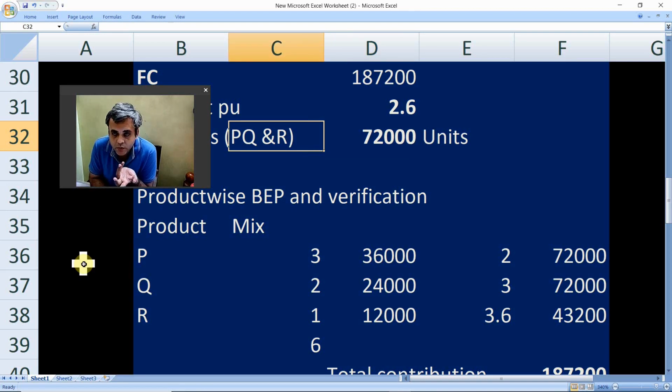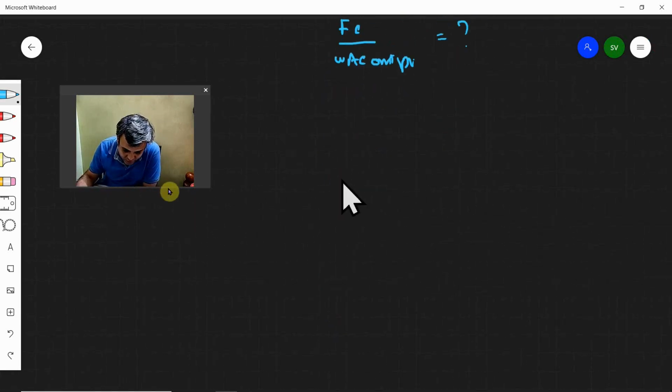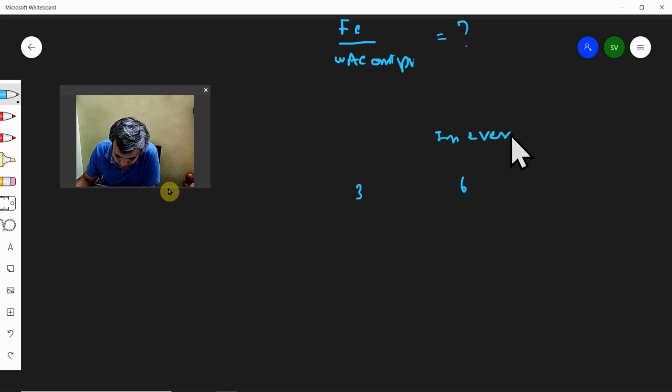The question told me that for every 6 units, 3 will be P. In every 6 units sold, how much will be P? 3 will be P. P will be 3 units.